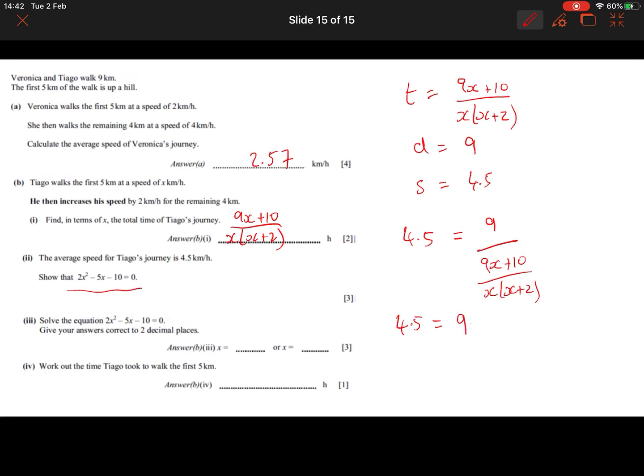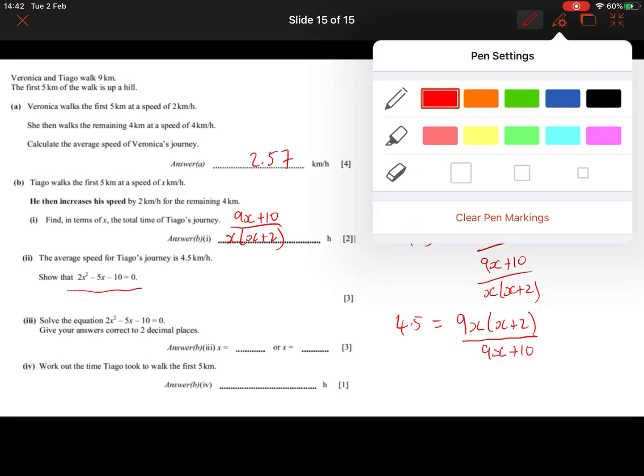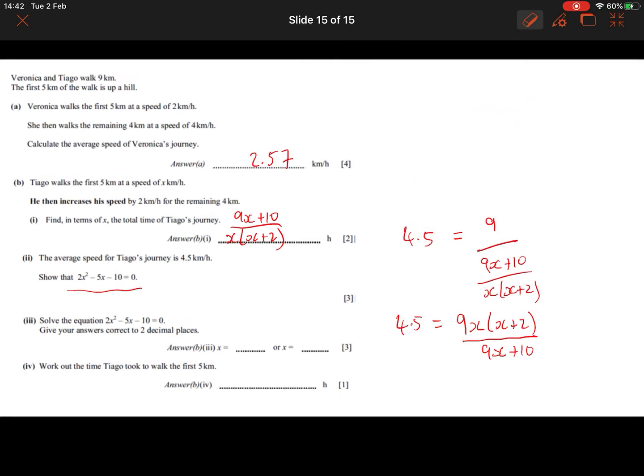Now what that means is we're going to use rules of fractions again to flip and multiply. So that's going to be 9 times (x + 2) over 9x + 10. Okay, just going to clear some space at the top. Go back in the video if you're not sure where I've got that.